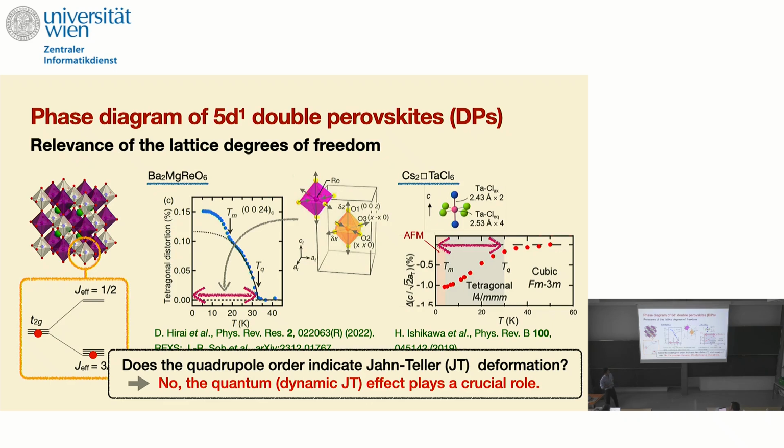So we may expect there is some Jahn-Teller deformation. But I would say in this series of compounds, this deformation is not a simple classical Jahn-Teller deformation, but we have to fully consider quantum effects, that is called the dynamic Jahn-Teller effect.